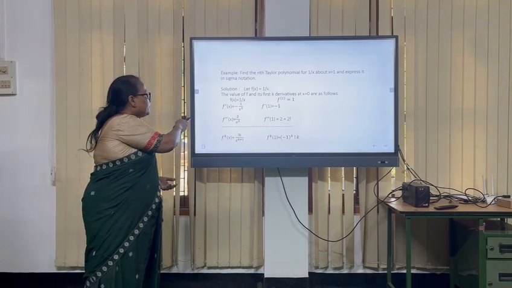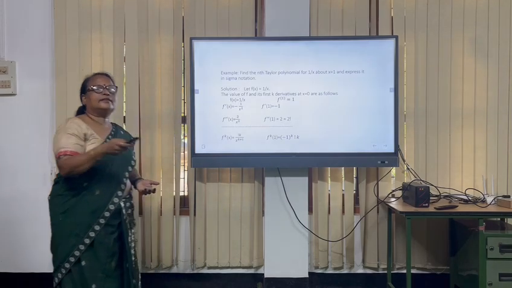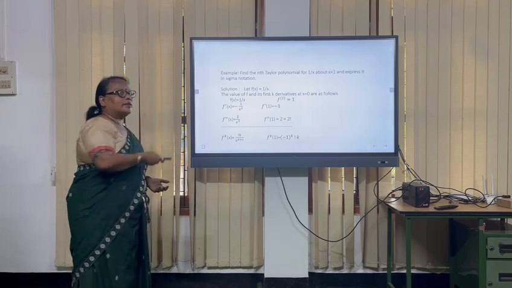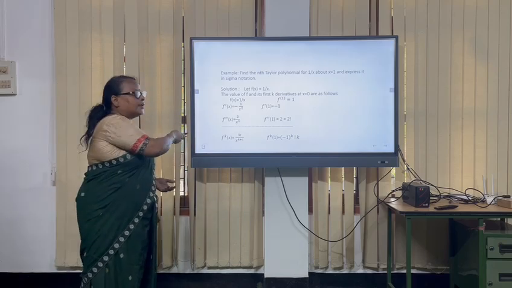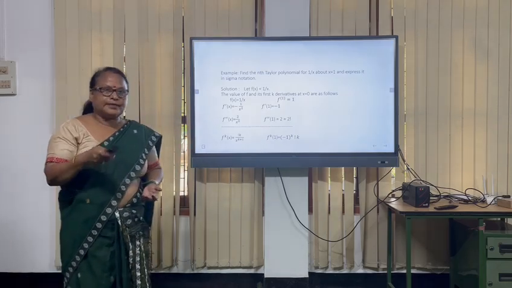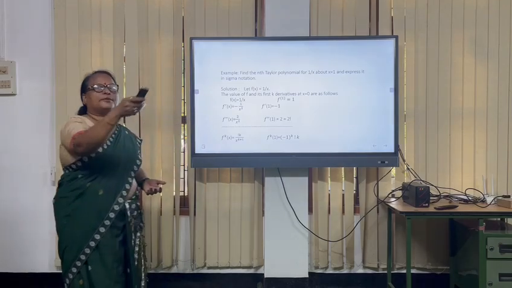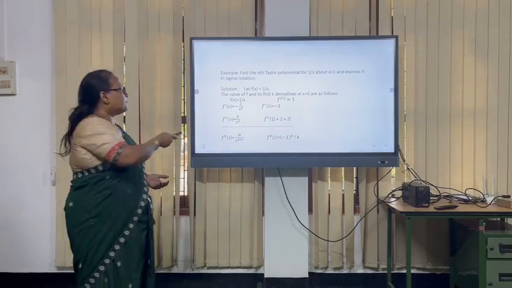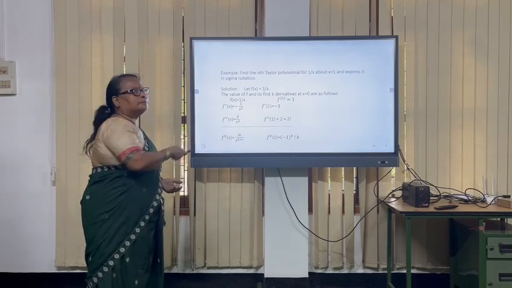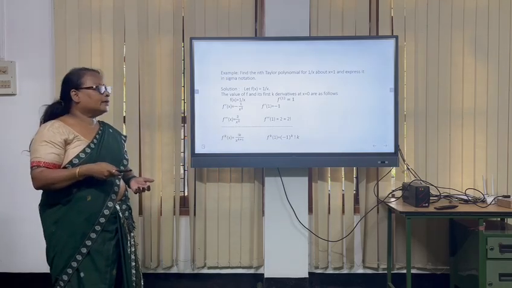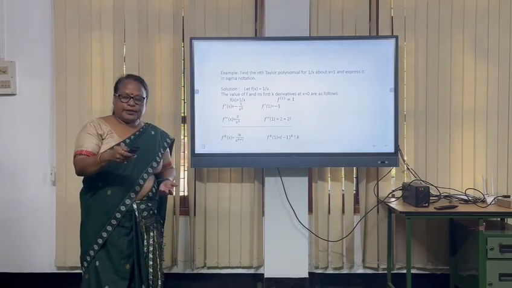So f to the power k of x is, following all these derivatives, minus 1 to the power k into k factorial divided by x to the power k plus 1. And at the point x equal to 1, f to the power k of 1 is equal to minus 1 to the power k into k factorial.